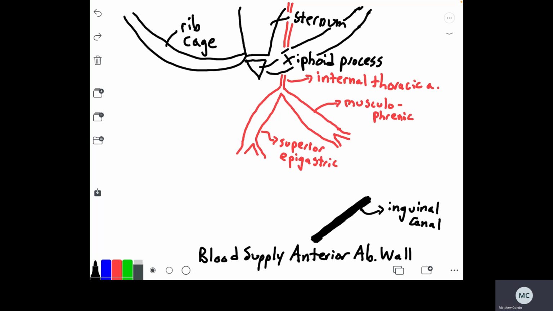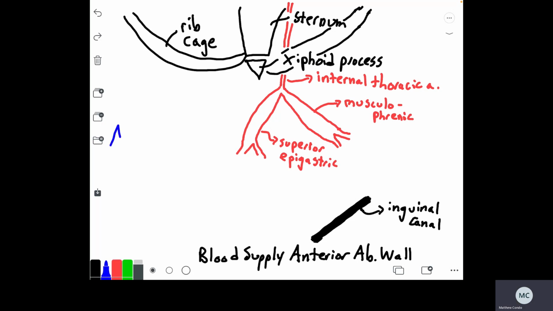So I'm going to have another artery that comes off of the common iliac artery. I'm going to draw over on the side here a little graphical representation.